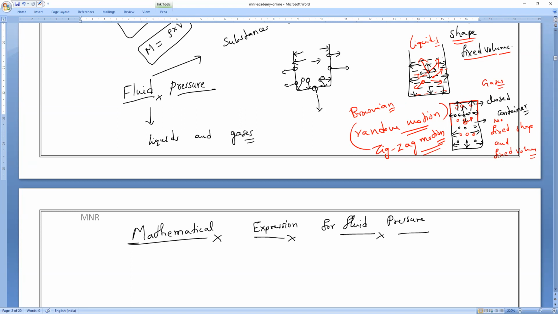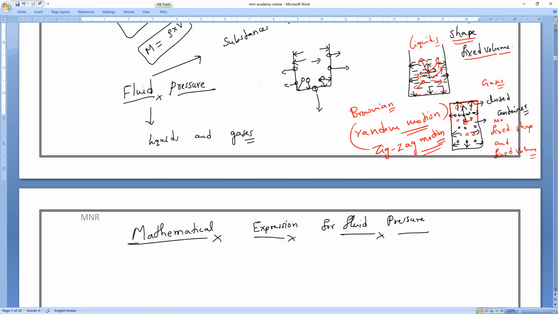Yes, they will hit each other, and they will also collide with the walls of the container. That is why liquids and gases exert pressure throughout the liquid. Please note it, everybody.